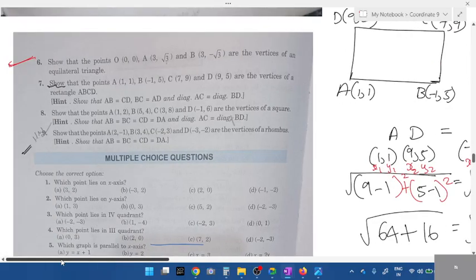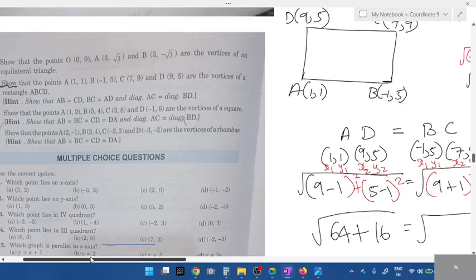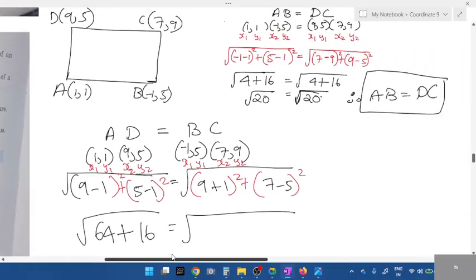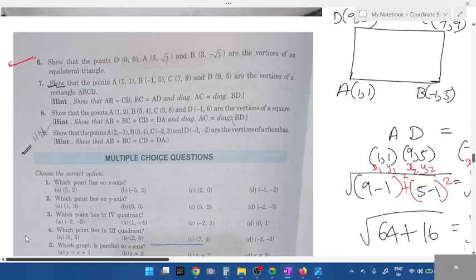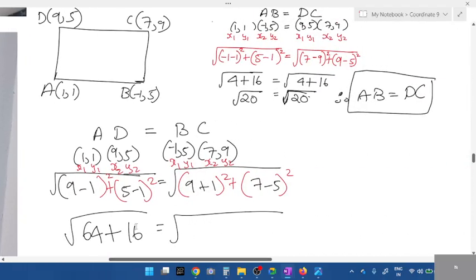Let us see the question. B value. Minus 1 comma 5, 7 comma 9, 1 comma 1, 9 and 5. Okay, correct. 84 plus 9 plus 1, 10 square is 100. It should be equal.